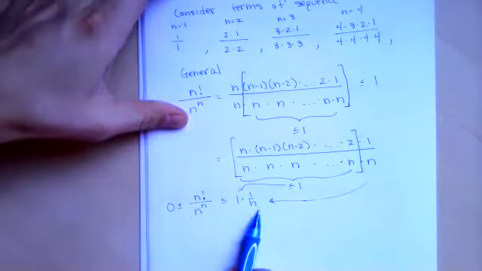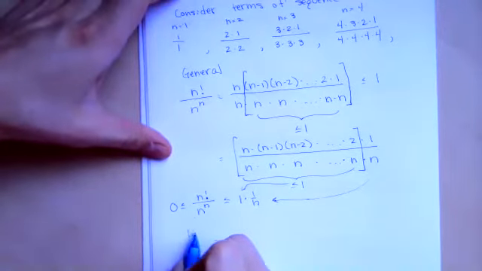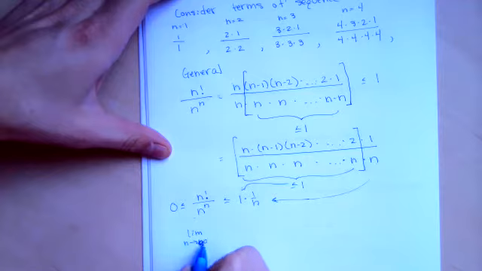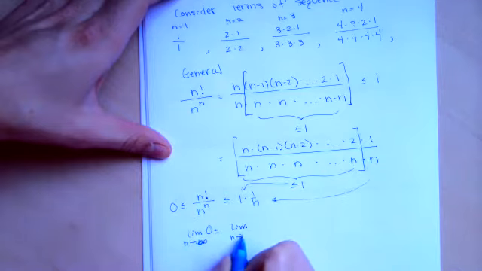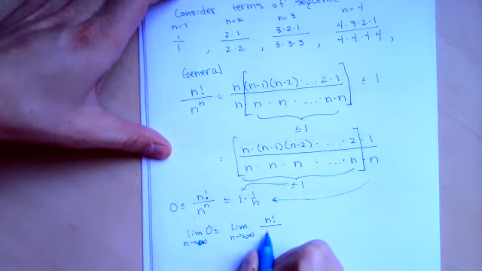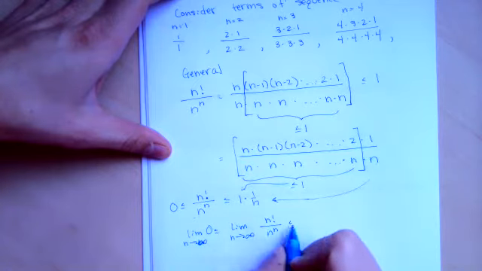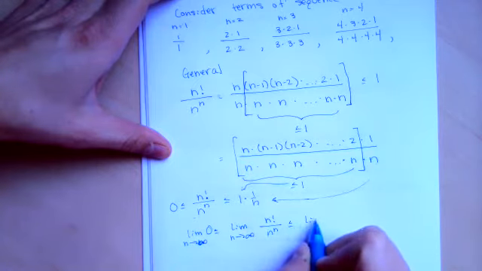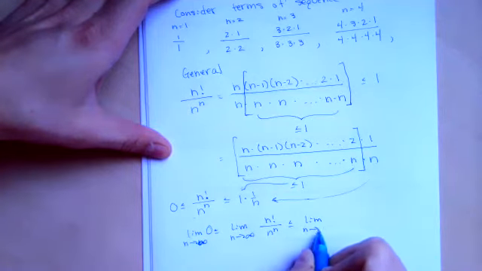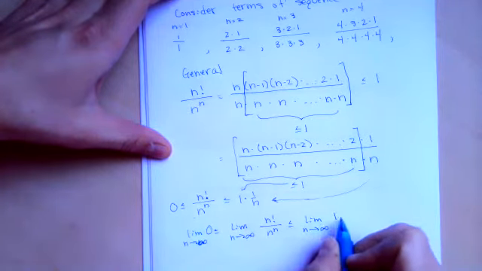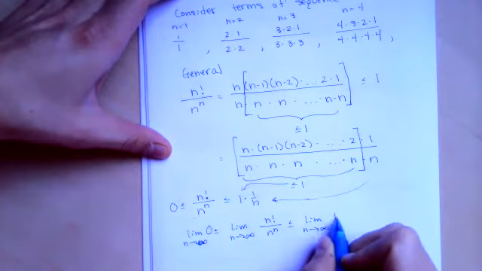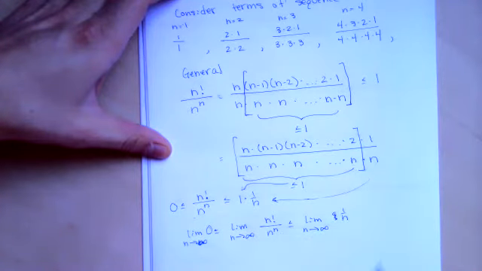And so because we have this inequality, we can take the limit as n goes to infinity: 0 is less than the limit as n goes to infinity of our sequence, which is less than or equal to the limit as n goes to infinity of 1 times 1 over n, or just 1 over n.